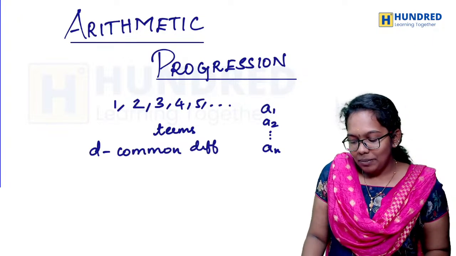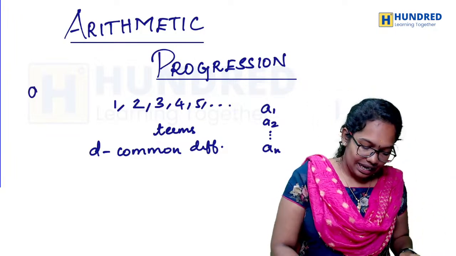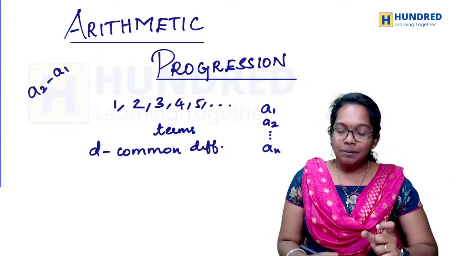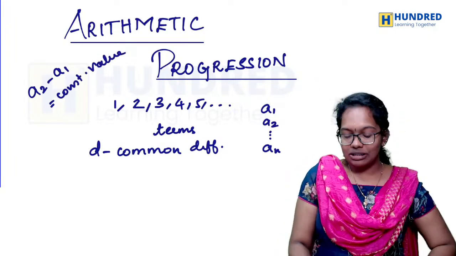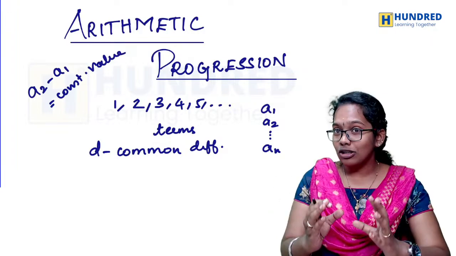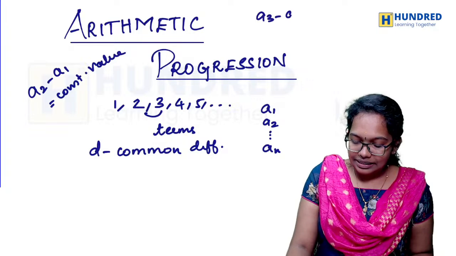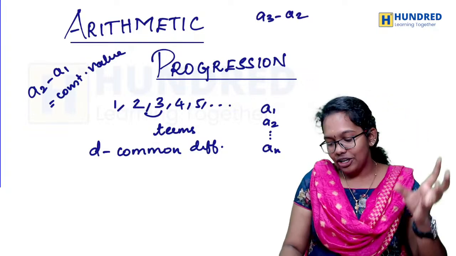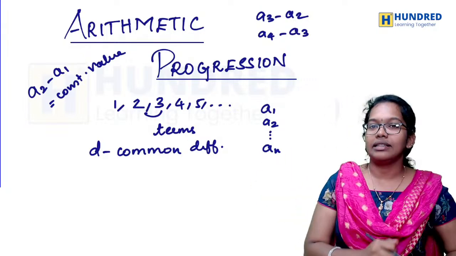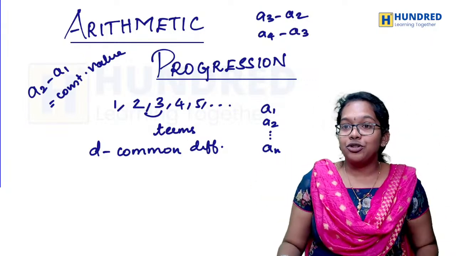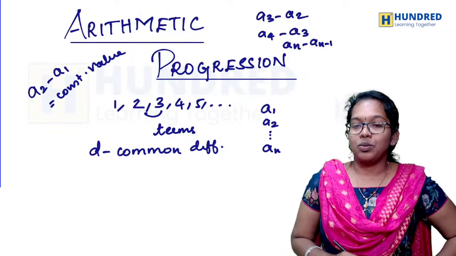In the common difference, when you subtract the first term from the second term, you should have some constant value. This constant value should be the same when you subtract A3 minus A2, and the same when you subtract A4 minus A3, that is, fourth term minus third term, and the same value should be there up to an minus 1.